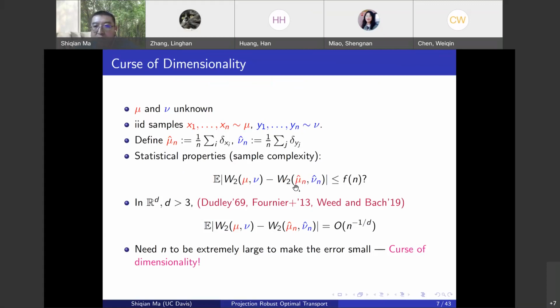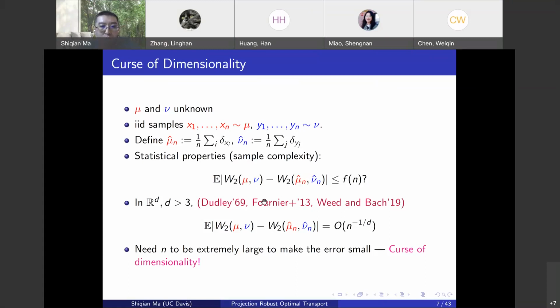Apparently, this error is a function of the number of samples n. Imagine that you have enough samples, then it's very likely that your empirical distributions are very close to the original unknown distributions. So then this distance should be a very good approximation to the original distance.